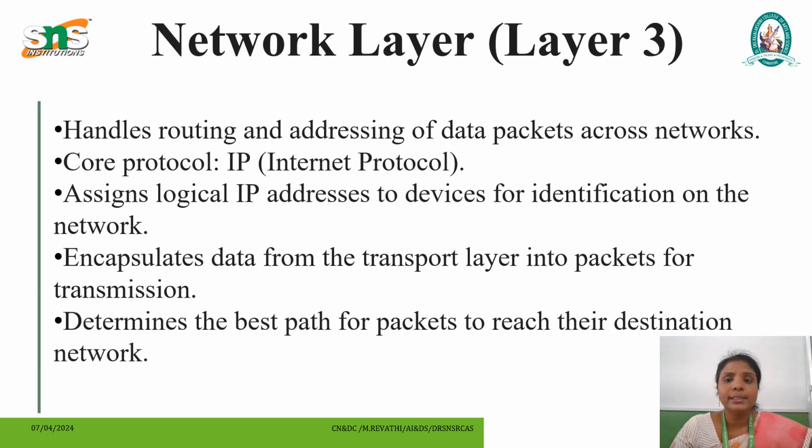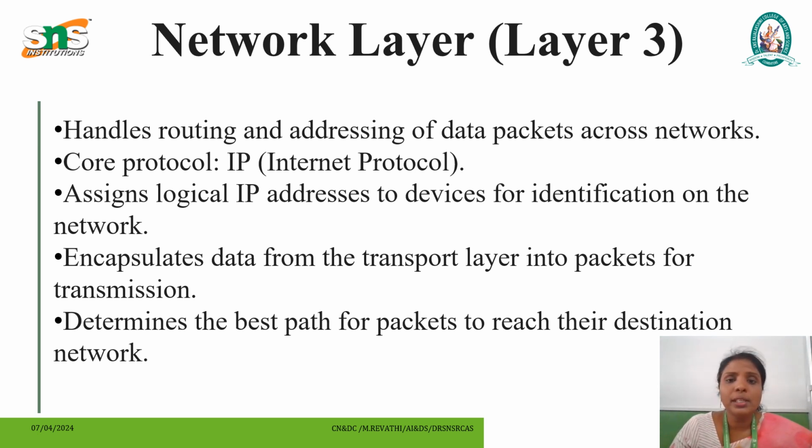So next layer is layer 3, the network layer. The network layer plays a crucial role in routing data packets across interconnected networks. The primary protocol on this layer is IP, the Internet Protocol. IP assigns unique logical addresses to devices, enabling them to be identified and located on the vast internet.